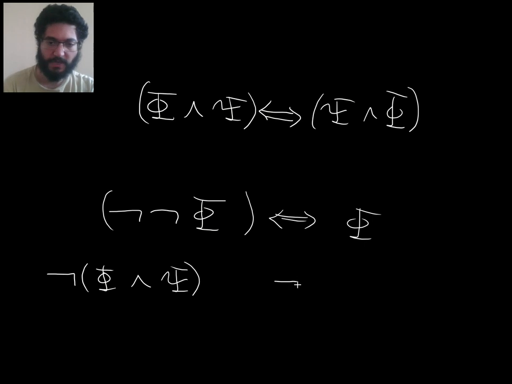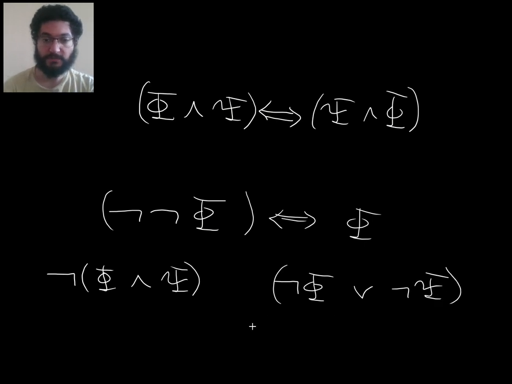And then we also wrote out the truth table for not phi or not psi. And we observed that in all four cases, in all four possibilities regarding the truth values of phi and psi, we get the same truth value for this as we get for this. So the truth values were linked. And so we said, oh, these are in some sense the same. And now we know the exact sense. It's that they are equivalent.